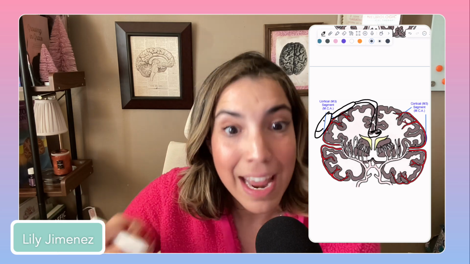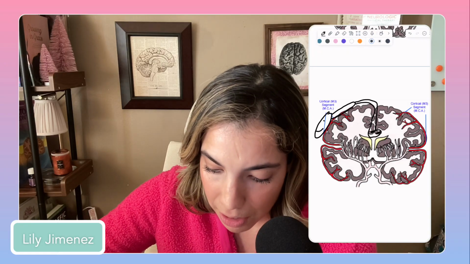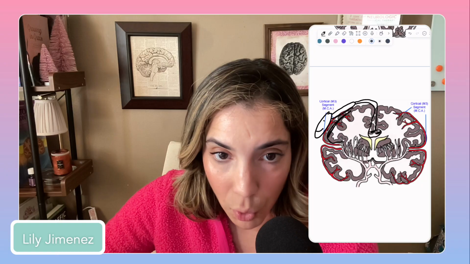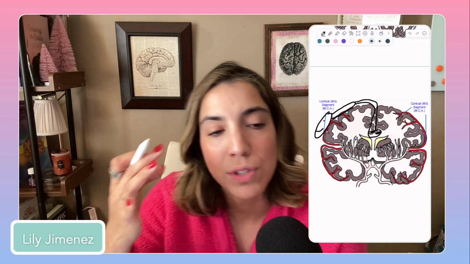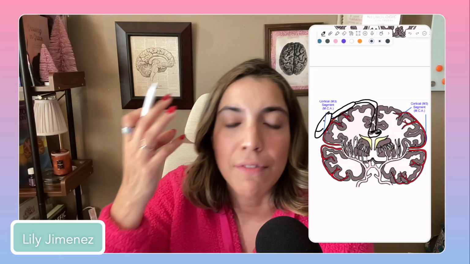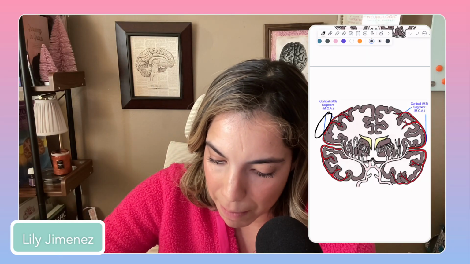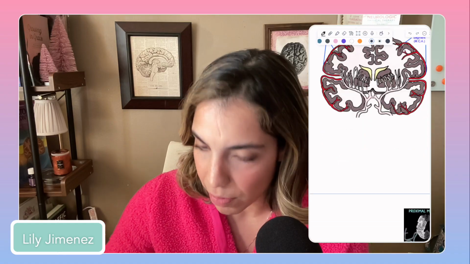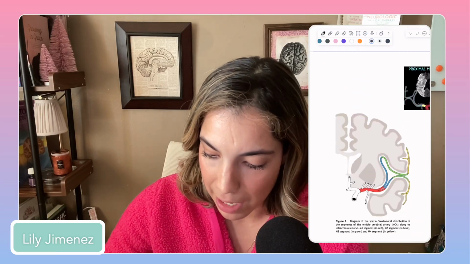So why then are MCA strokes going to cause upper extremity and face weakness? Because of the area they supply. Okay, so they supply those lateral areas, all those areas that supply the face, the upper extremity, the hand, and all that. Okay, so that is with the M3 segment, cortical. Okay, so let's talk now about something that you've heard before, and it's the superior and inferior division of the MCA.